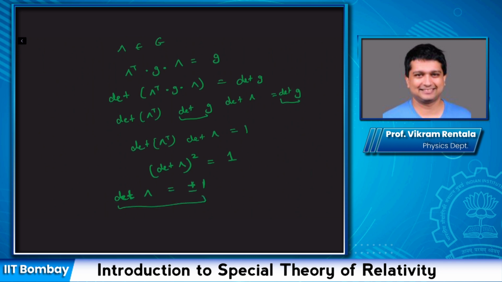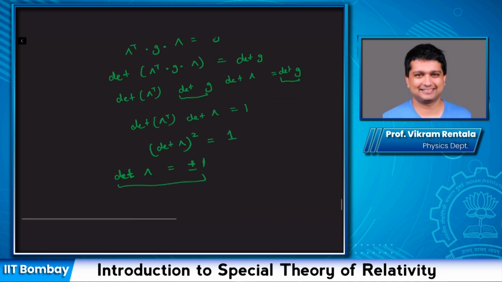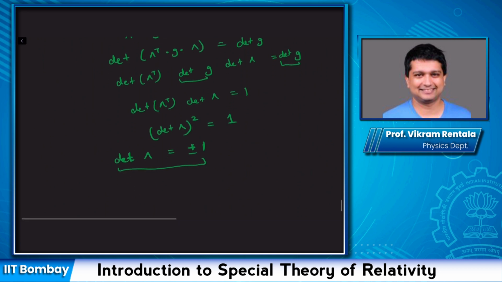And since the determinant of any element of this set is non-zero, what that means is the inverse matrix of lambda exists and is unique. So since the determinant is non-zero, lambda inverse exists and is unique. It's just the inverse matrix of lambda.